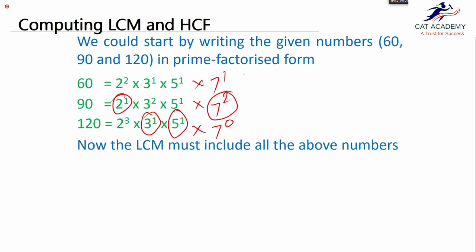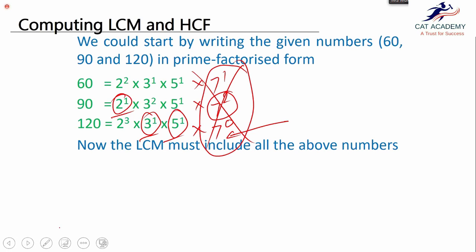And then if I check in 7th column, what is the lowest power of 7? 7 raised to 0. So 7 raised to 0 is 1. That means I don't need to consider this for HCF. So then my HCF will still be the same. Clear now?